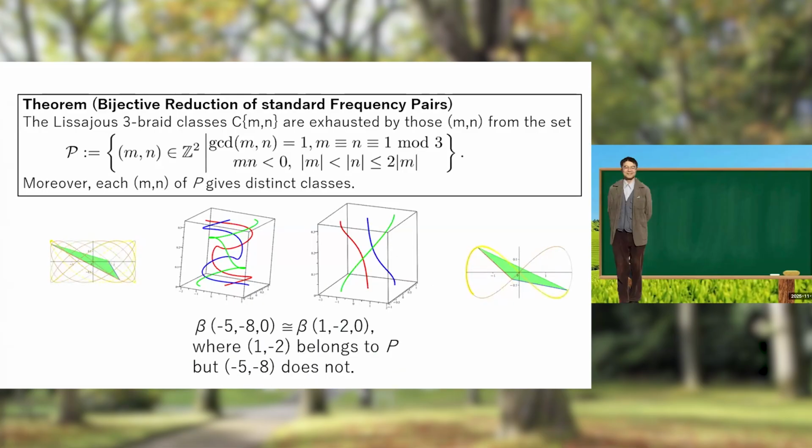Previously I stated these are in the same class, but the frequency pair 1, minus 2 belongs to P, while minus 5, minus 8 does not belong to this set P. So in this viewpoint, 1, minus 2 is the nicer pair, and minus 5, minus 8 is somehow not necessary to think about.